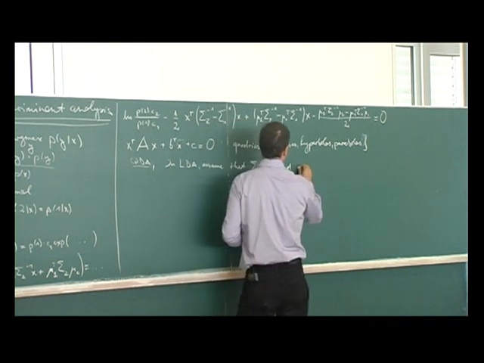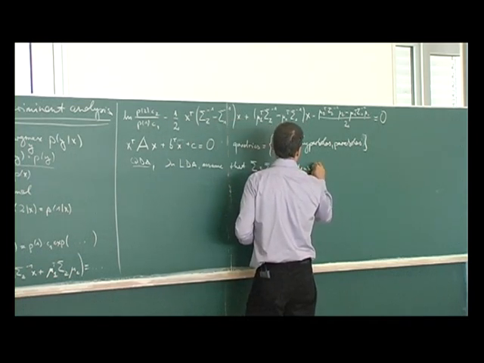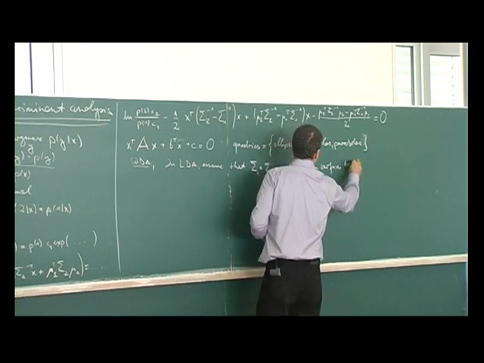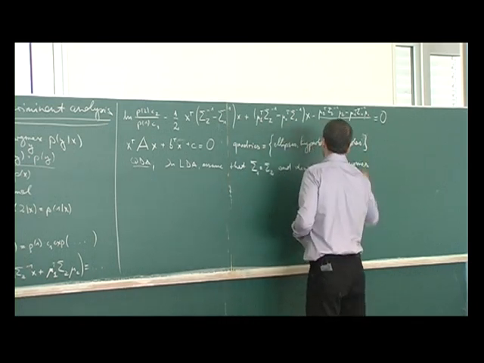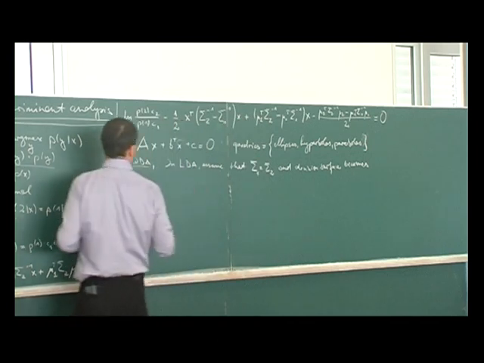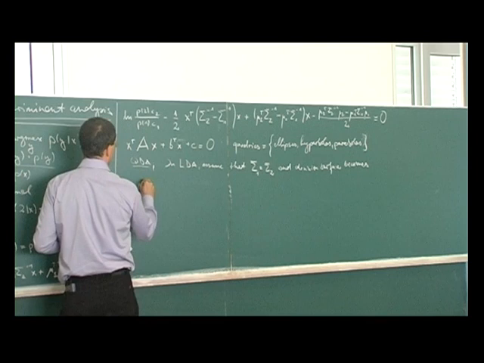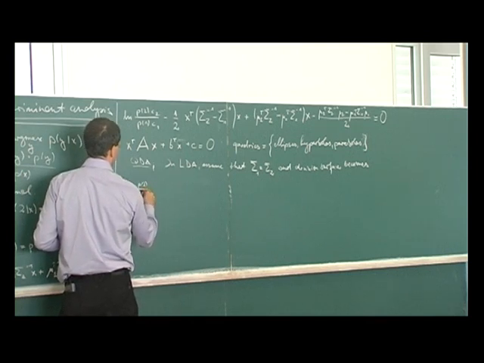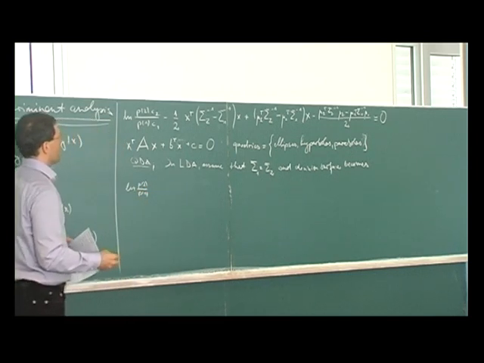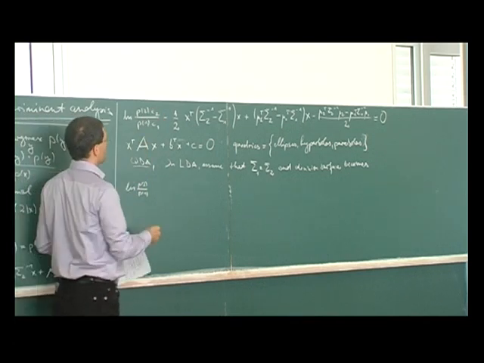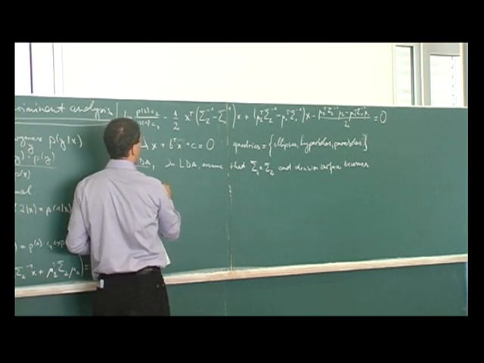So the decision surface becomes the ln of the ratio of these prior probabilities. The normalizing coefficients then also are the same, so they cancel out.